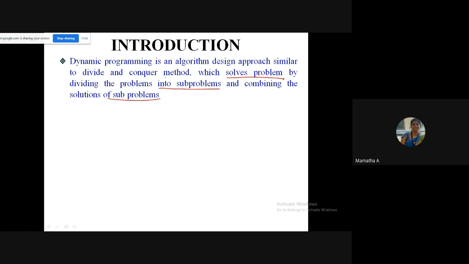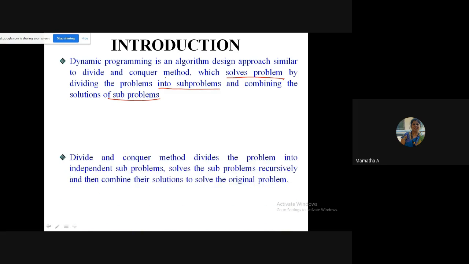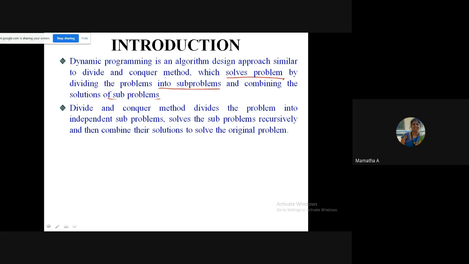But dynamic programming is slightly different. I told you it is similar but not the same. In divide and conquer, we divide the problem into independent sub-problems. Keep that in mind. Independent means every sub-problem is independent of the other sub-problems. Suppose I have a problem divided into sub-problems 1, 2, 3.